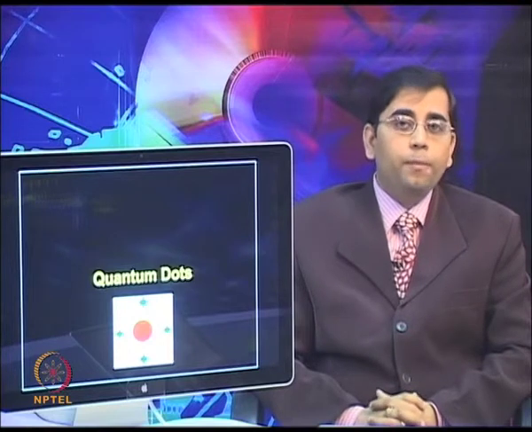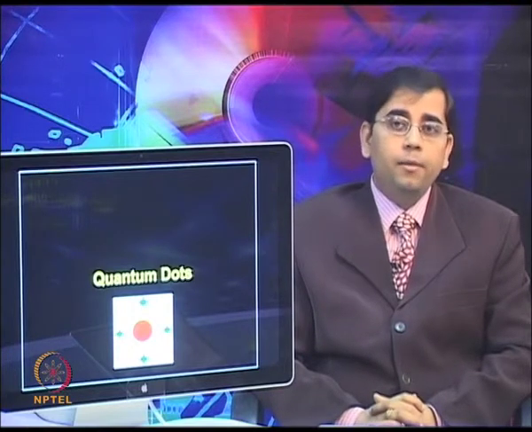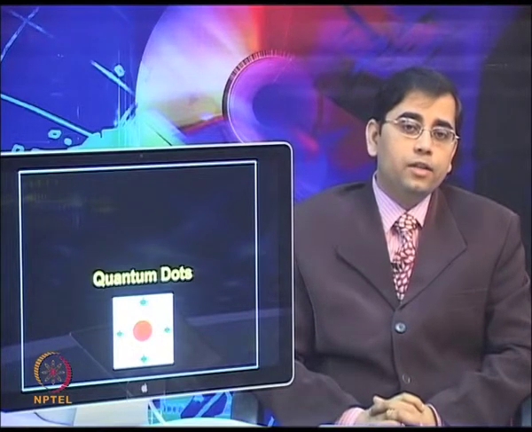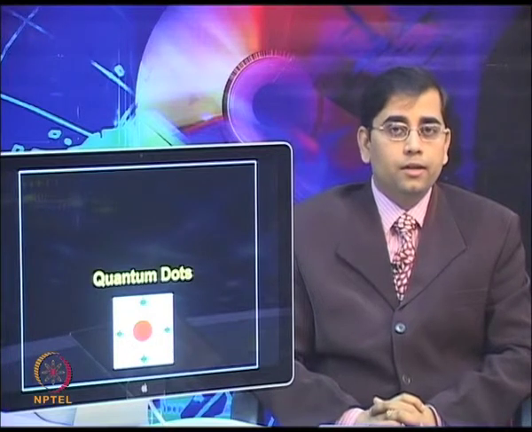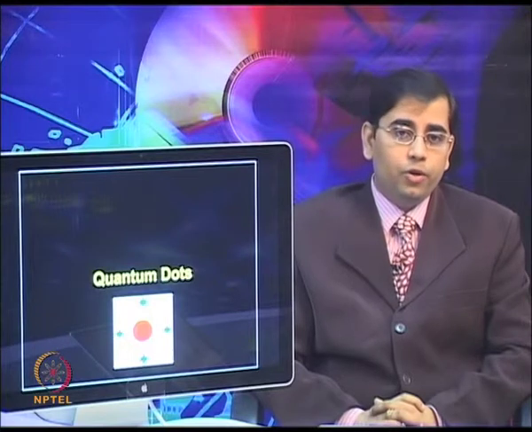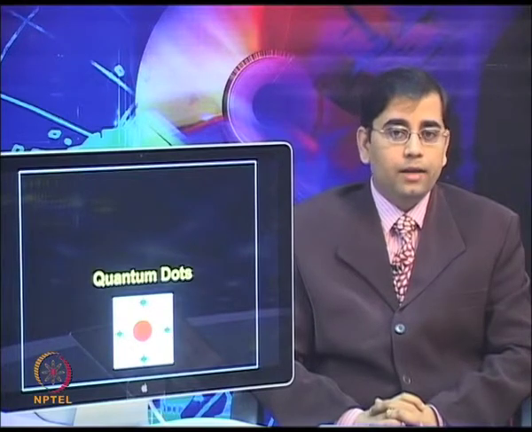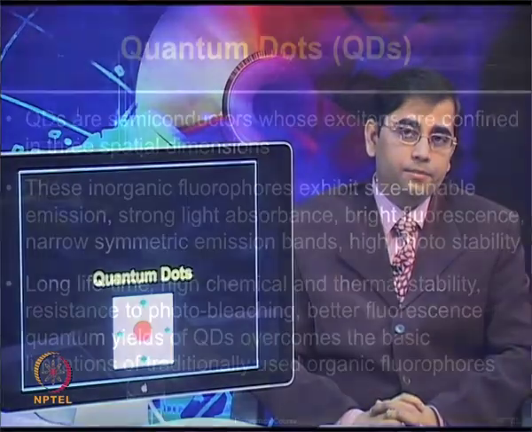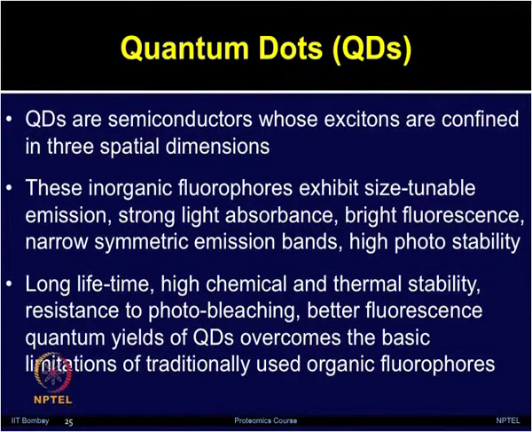Their superior optical properties and ability to conjugate with several biomolecules like peptides, nucleic acids, antibodies have established QDs as a sensitive detection tool in clinical proteomics research. So, what are these QDs?